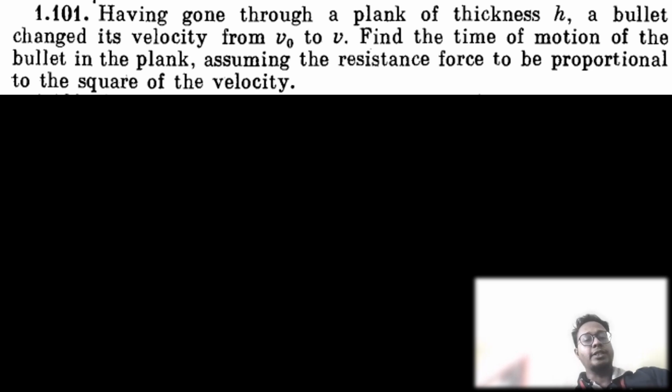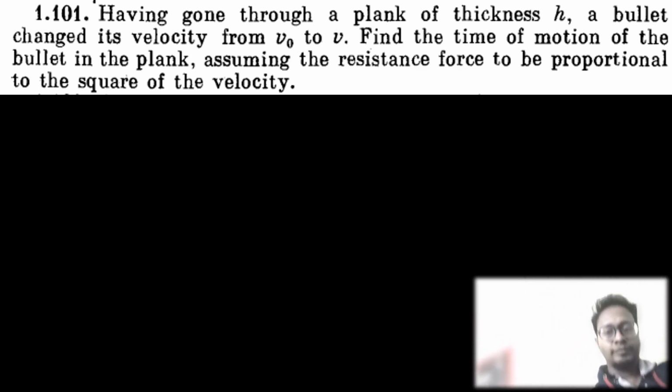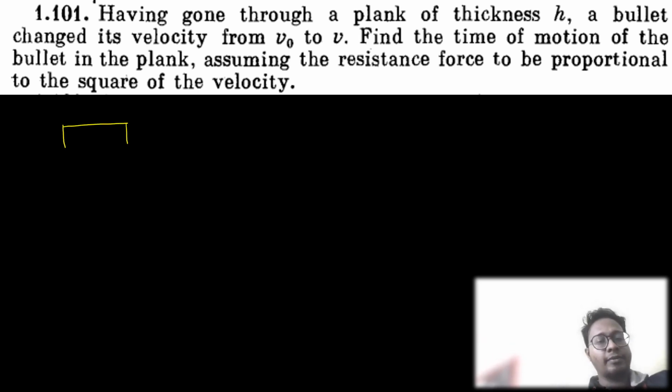So what this question is saying is that there is a plank. Suppose there is a plank here. Now inside this plank there is a bullet traveling. The bullet is traveling with velocity v naught.